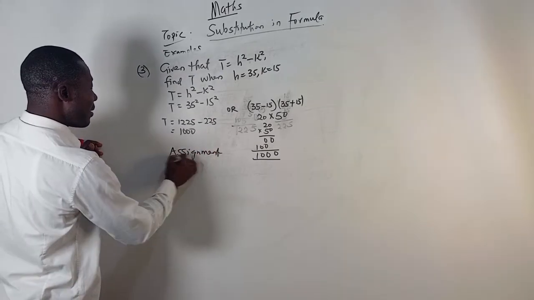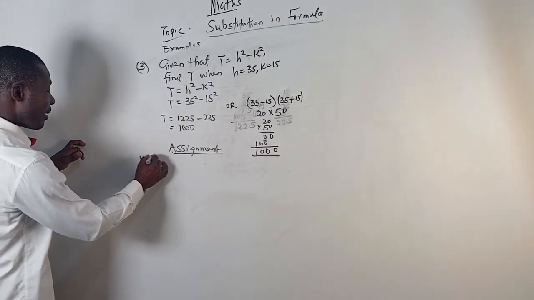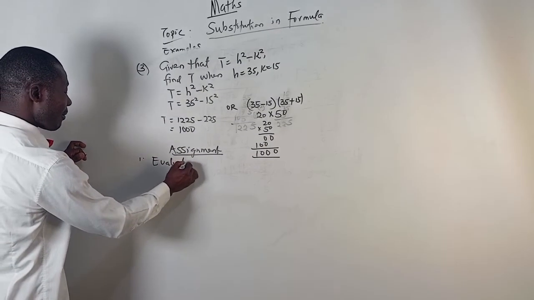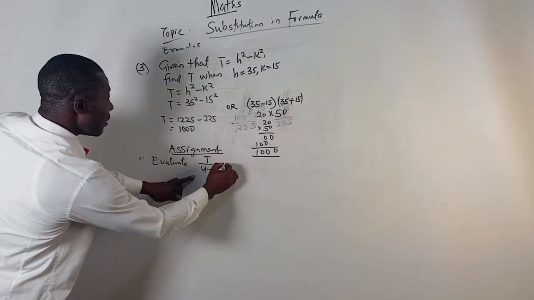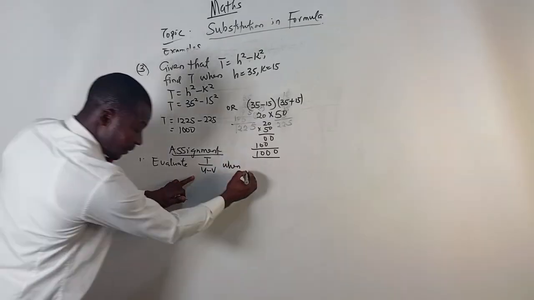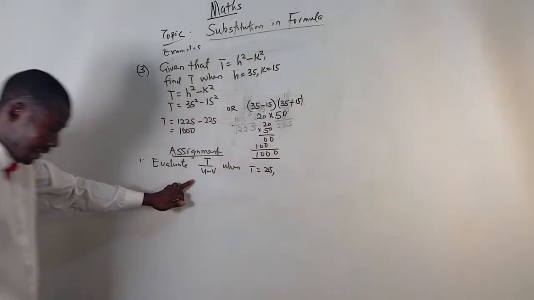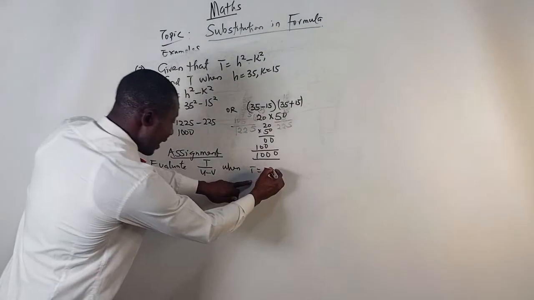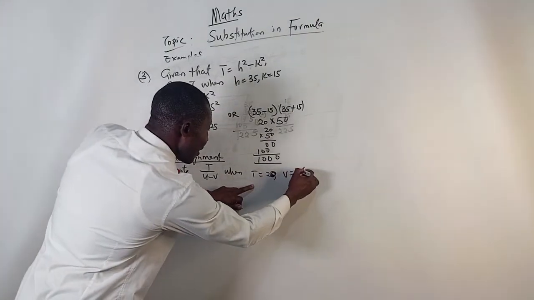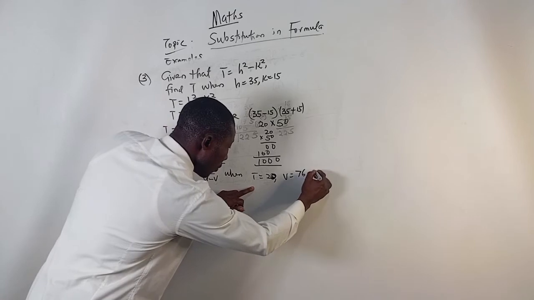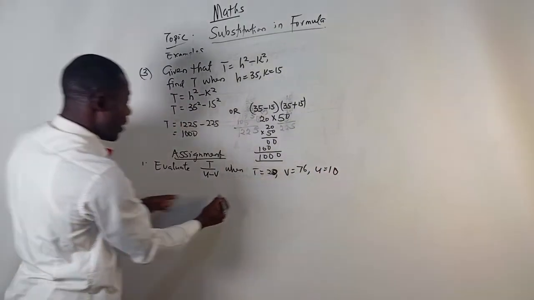In our assignment, question number 1, it says, evaluate T over U minus V when T equals 90, V equals 76 and U equals 10. Let's evaluate this.